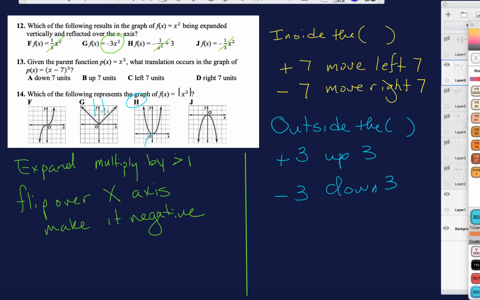This is the absolute value of x, not what we're looking for. So that goes away. This, just a parabola upside down. This is x cubed, but not the absolute value because there's a negative section. Okay, so that's the only one that works. Moving on.